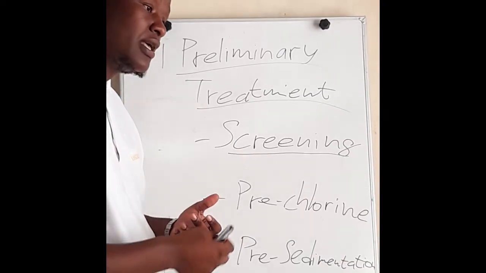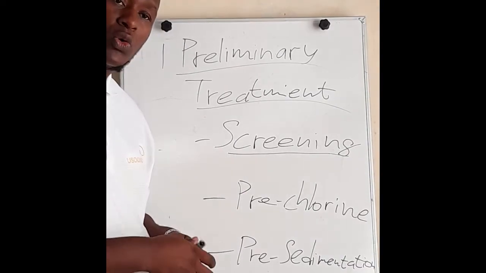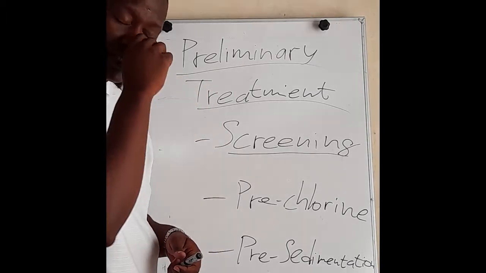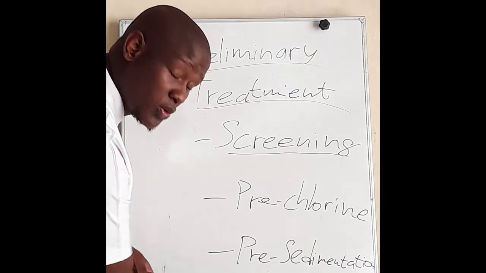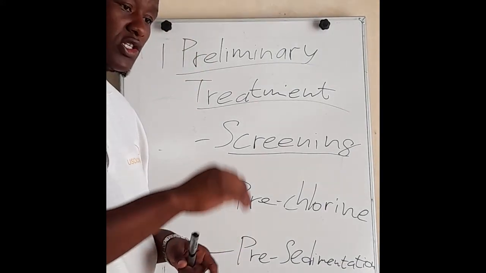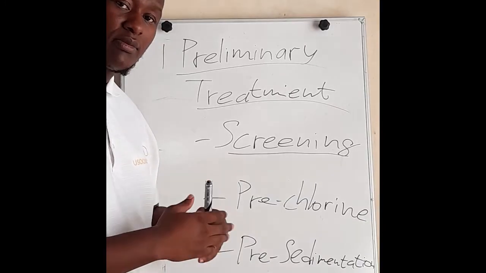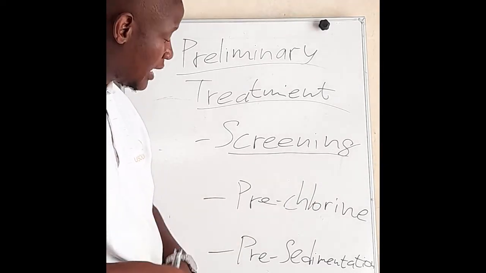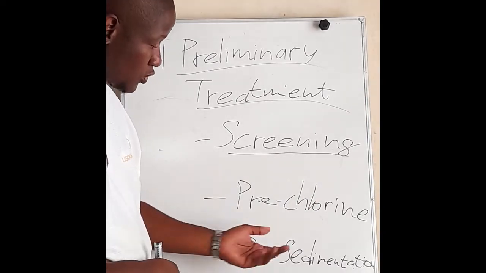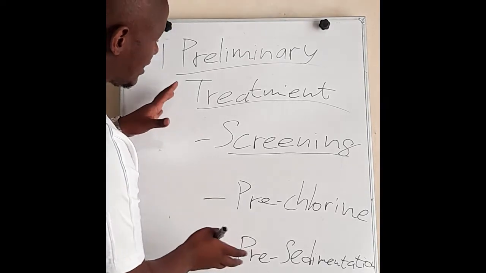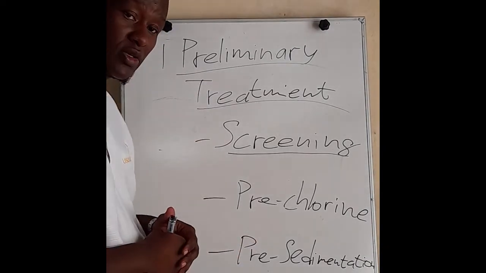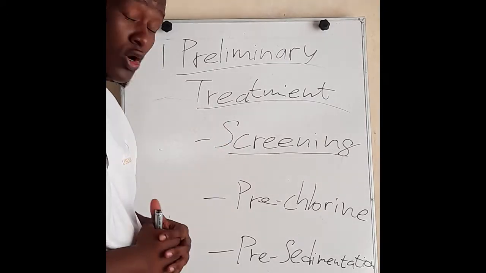The reason for that is so that any particles that were not held up by your screens now get a chance to settle and be removed in your grit channels, also known as your pre-sedimentation. So that's it for preliminary treatment. Now we go into coagulation.